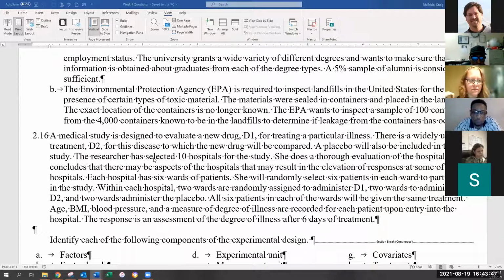And then they're going to give them one of the 3 drugs, either D1, D2, or the placebo. And then they're obviously going to see how well they progress, how good it is at curing this disease.